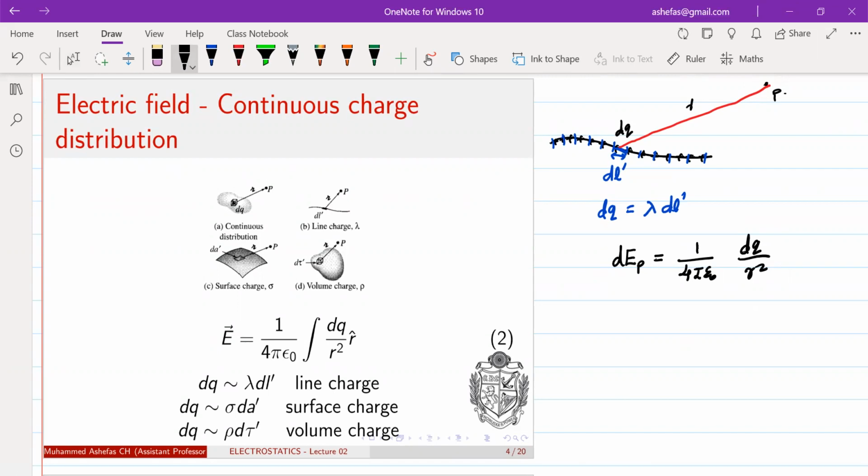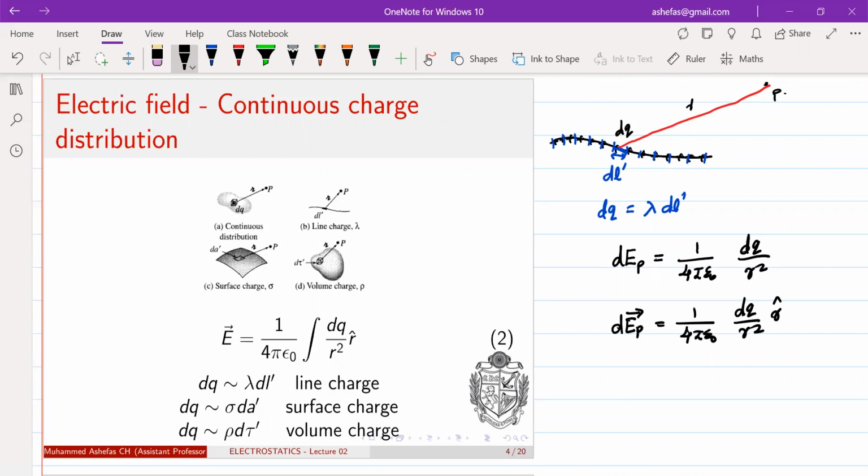Now recall it is a vector quantity, and therefore vectorially we can write dEp vector is 1 by 4 pi epsilon 0 dq by r square r cap. Then what would be the total electric field at point P?